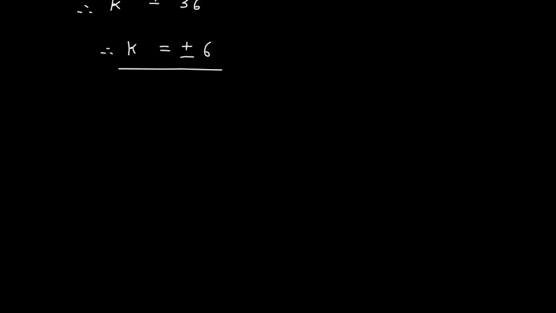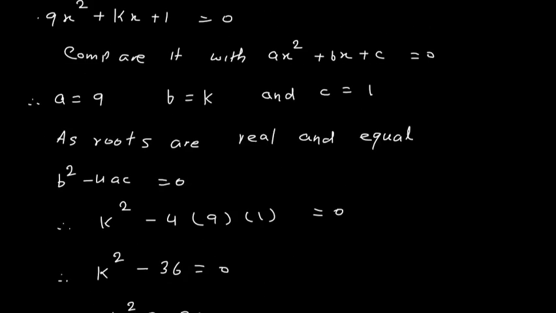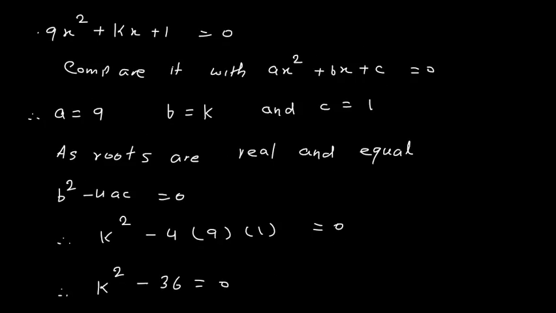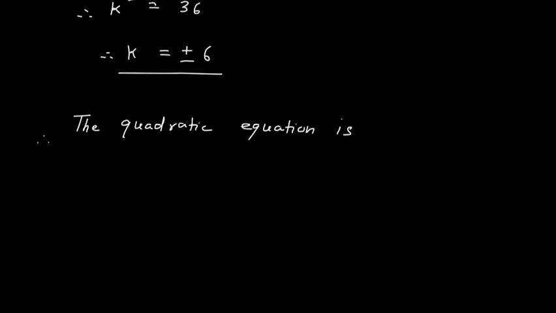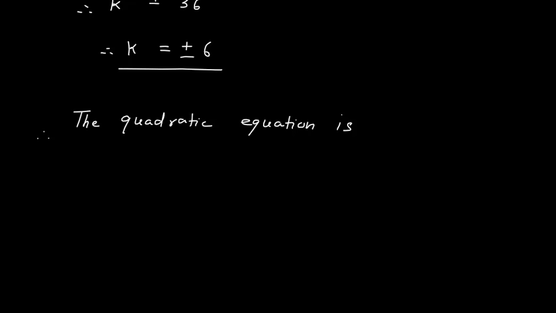Now I got the value of k. So therefore the quadratic equation is 9x square plus 6x plus 1, or it is 9x square minus 6x plus 1.